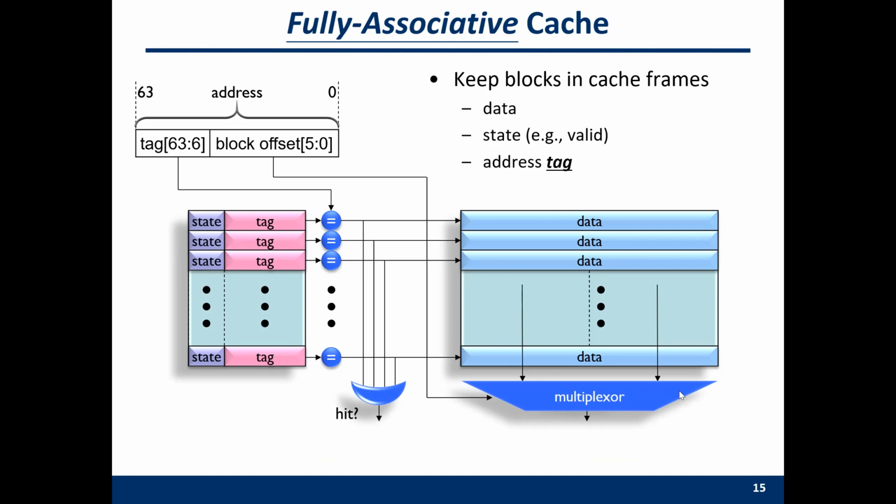Remember, when we did the example of the cache, each time we read a cache line. The cache line means each time we read 32 bytes.